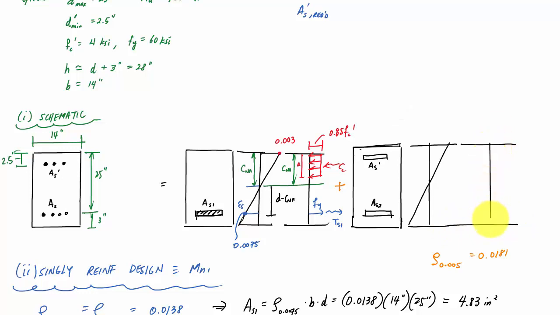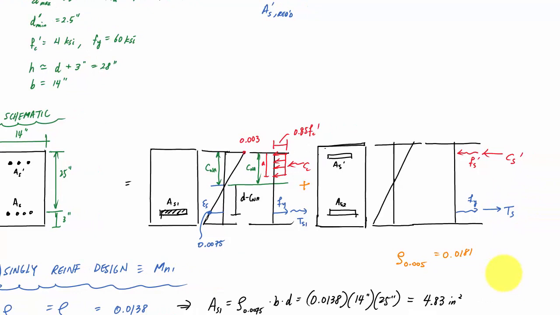I cannot use the concrete in compression because that's already been used. I only have the compression stress in the compression steel, Cs prime, and then I have the equivalent Fy for the tension steel, and I call that Ts2 right here. And I have to maintain equilibrium.